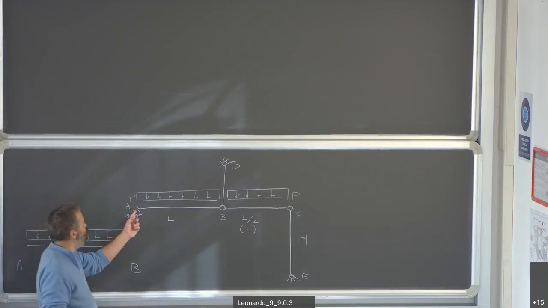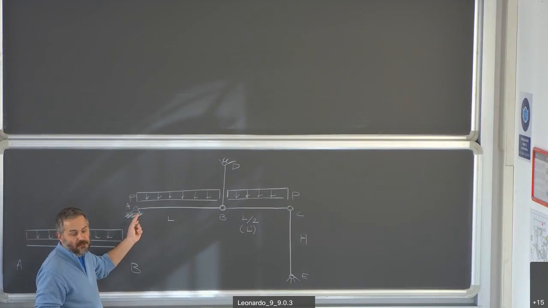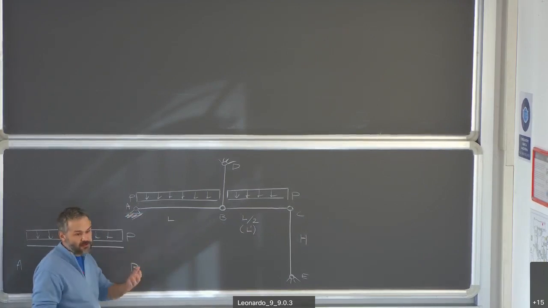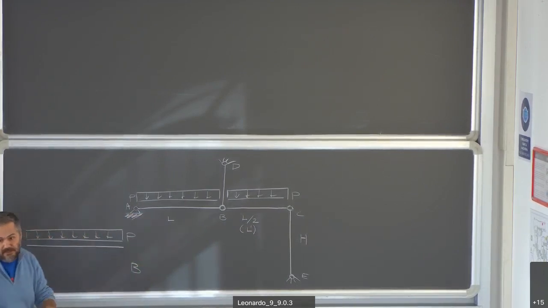Here we have a hinge. It is hinged, fixed to the ground. So it gives you two reaction forces, one horizontal and the other vertical, because both the horizontal displacement and the vertical displacement are prevented.